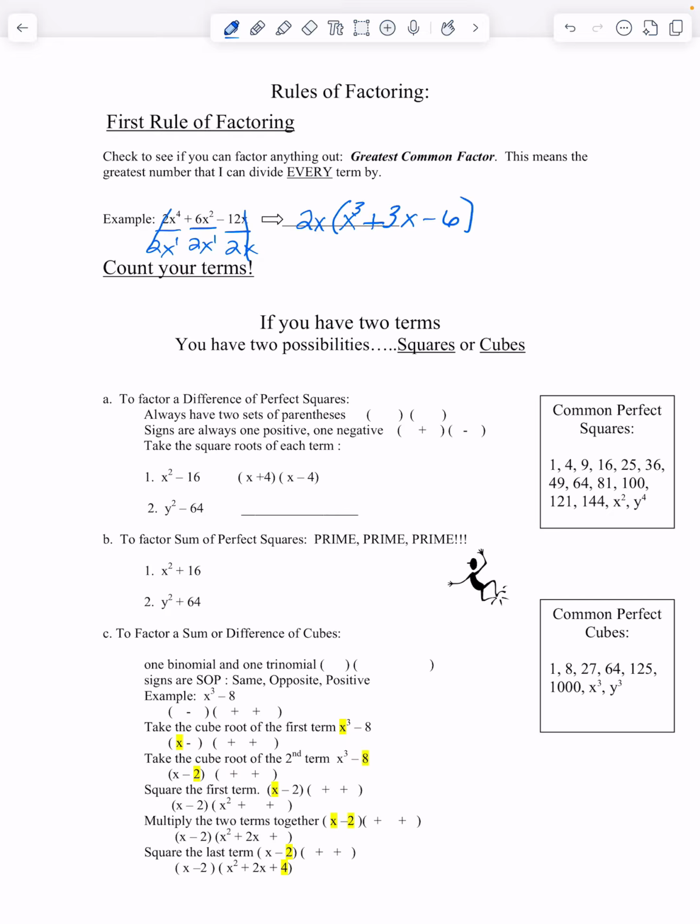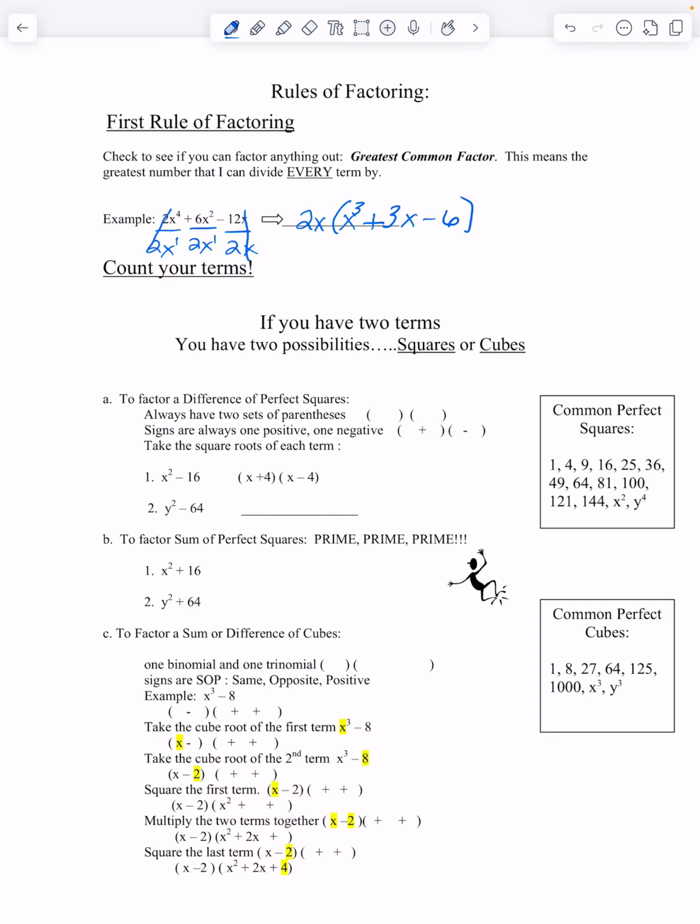If you have 2 terms, there are 2 possibilities, squares or cubes. Now, we can factor a difference of perfect squares. A difference of perfect squares looks like the example that I've given you in 1 and 2. Each of the terms is a perfect square.